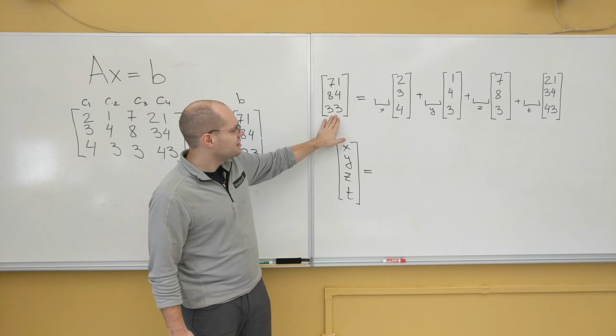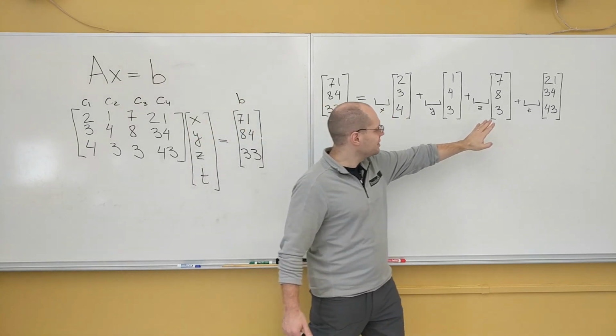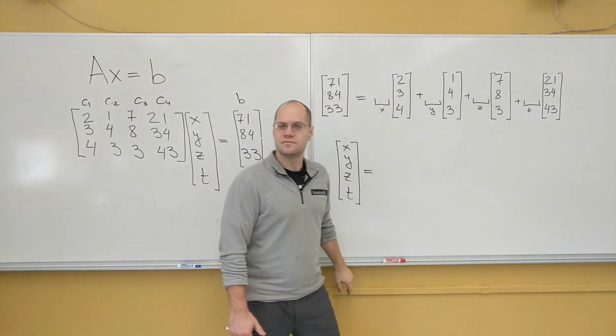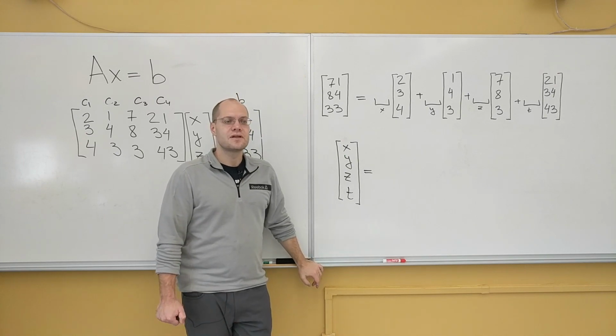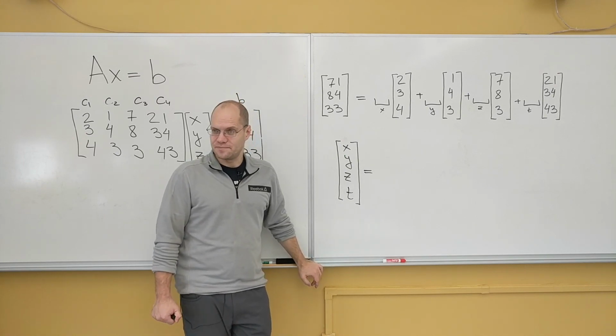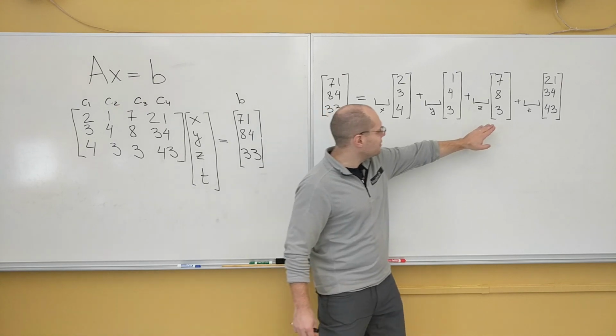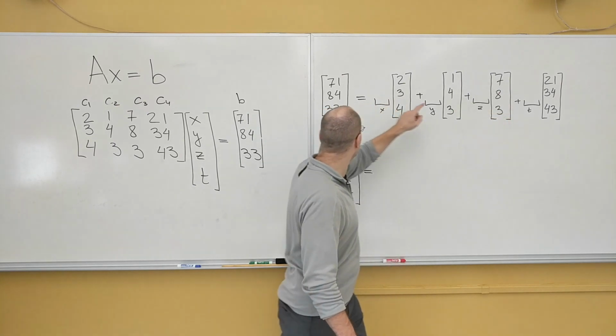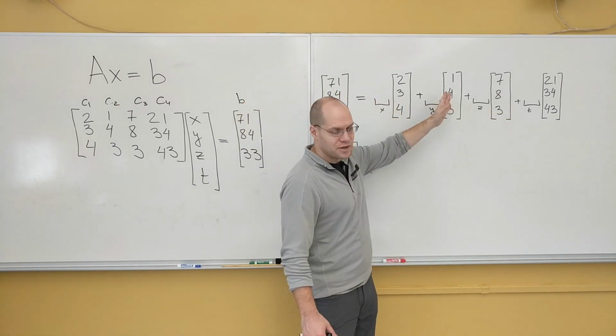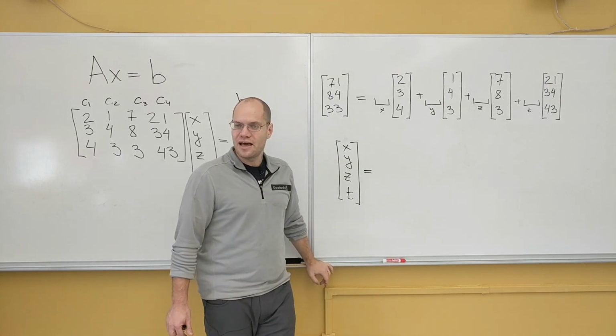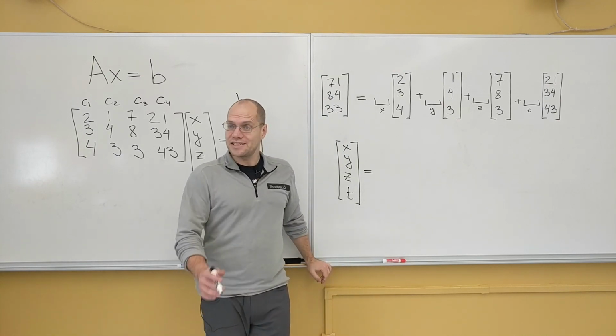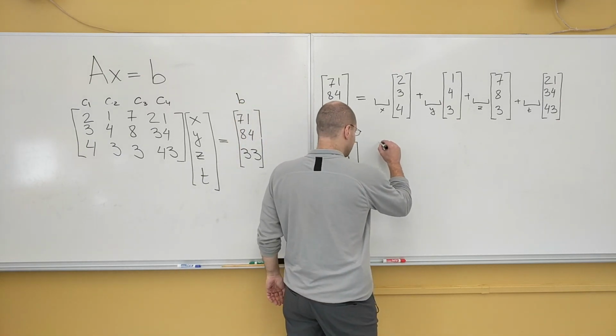This vector is, well, tell me, what linear combination is it of these two? 1 and 10. 1 and 10. 10 of this one to give me 70, 80, 30, and 1 of this one to make it 71, 84, and 33. So that's one possible solution, so let's write it down.